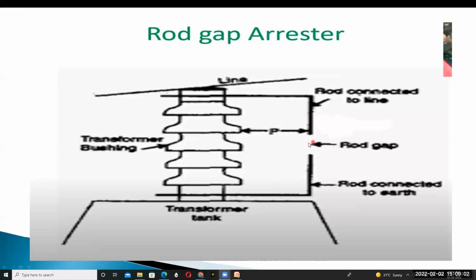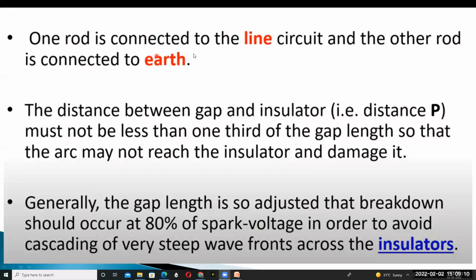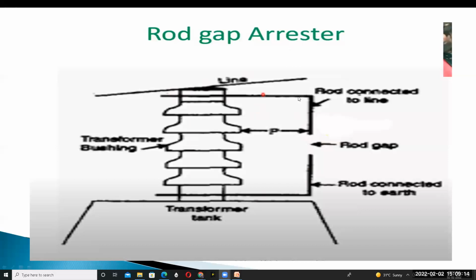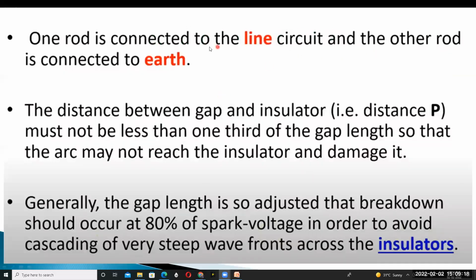Under normal condition, it acts as an open circuit. Under fault condition, a spark appears between the two rods. One rod is connected to the line circuit of the transmission, and the other rod is connected to the earth.